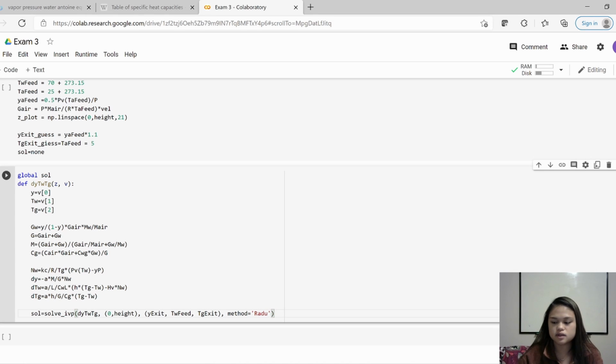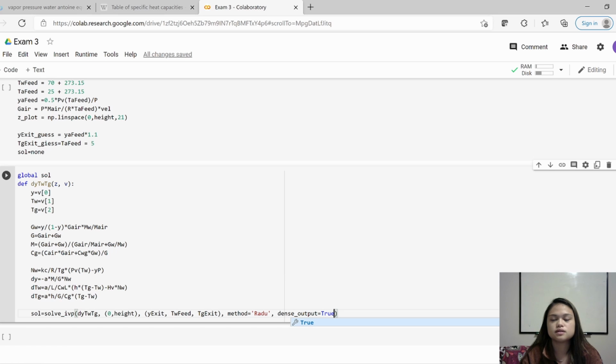And then I'm going to have the dense output and set it equal to true. And then what this does is it allows us to evaluate the solution at any particular time.